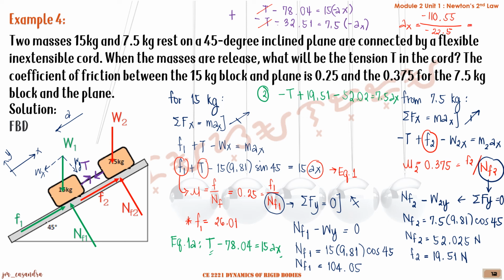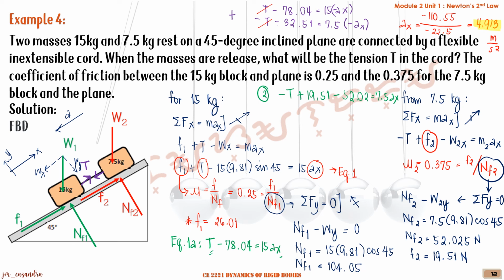And that is equal to 4.913 meters per second squared. So it's a positive value, meaning our assumption of the motion which slides down is correct. So this is our final answer.